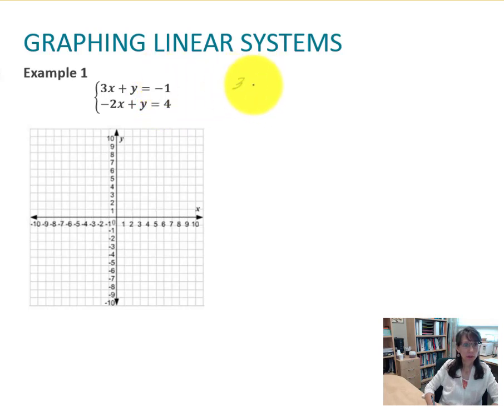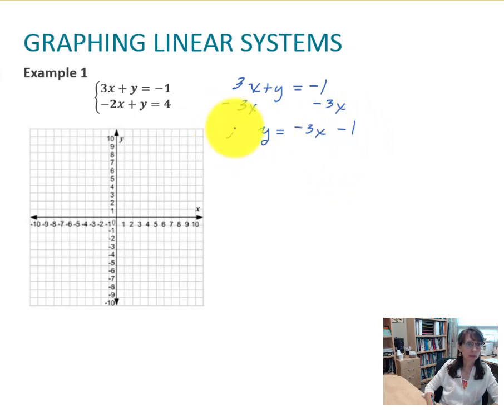So if I start with 3x plus y equals -1, I want to put this into slope-intercept form. So I'm going to take away 3x from each side of the equation to get y equals -3x minus 1.